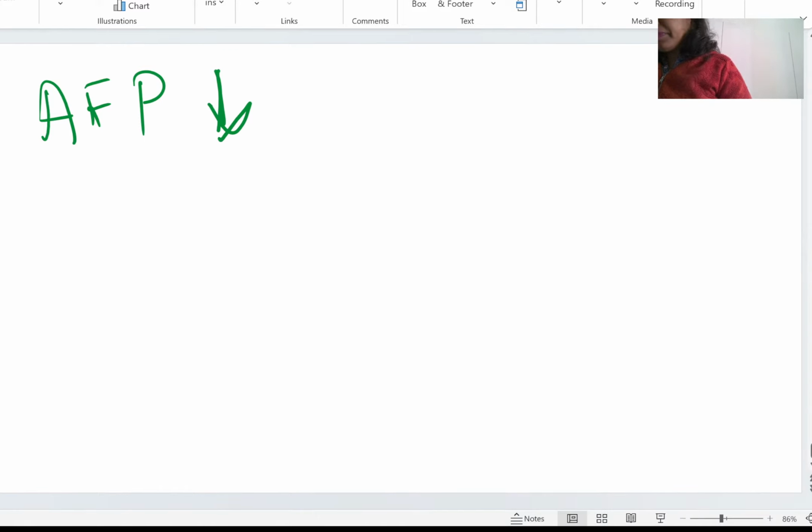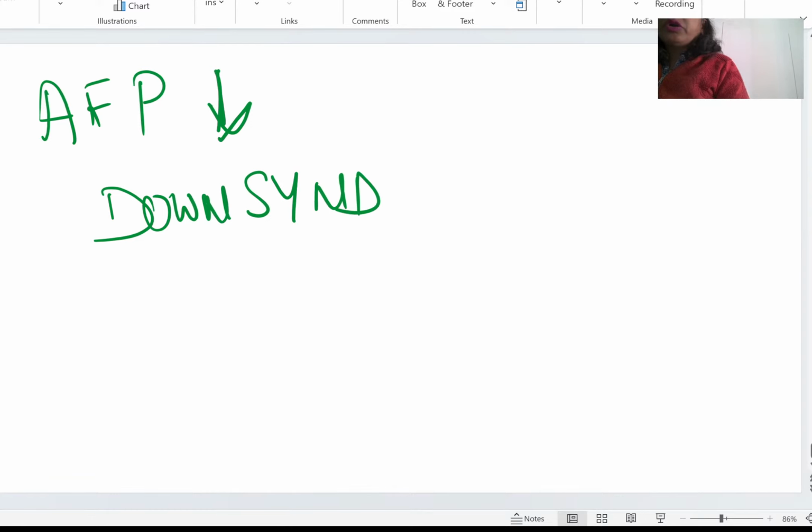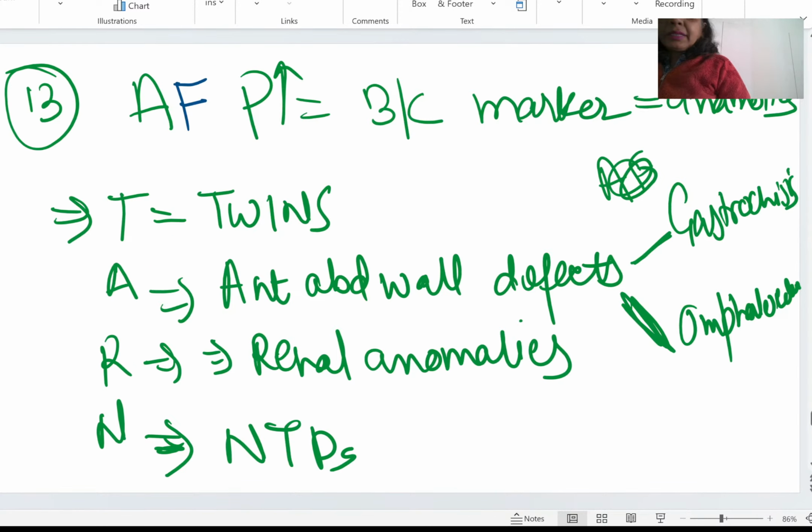Very good, yes, alpha fetoprotein is decreased in Down syndrome. So just learn this mnemonic, TARN: twins, anterior abdominal wall defects, renal anomalies, and neural tube defects, and you will answer it.